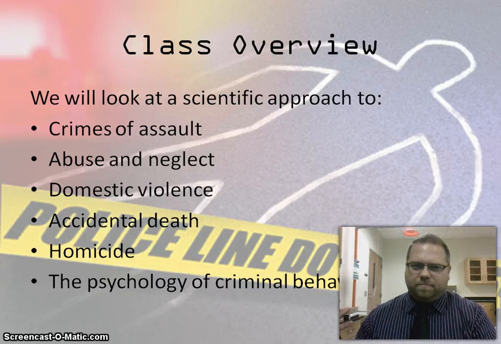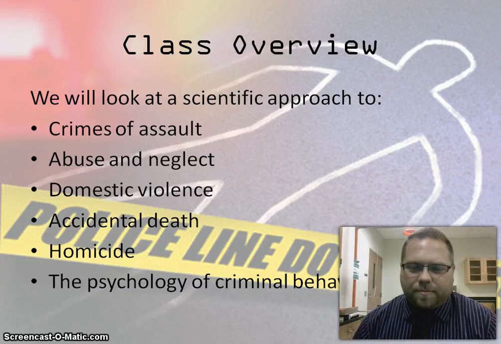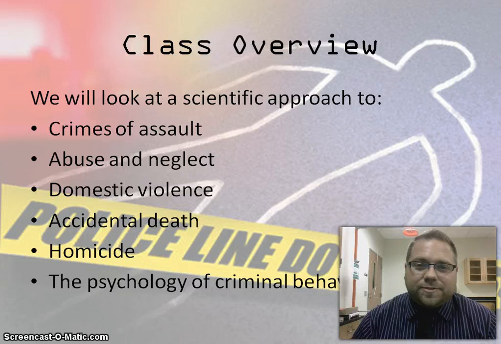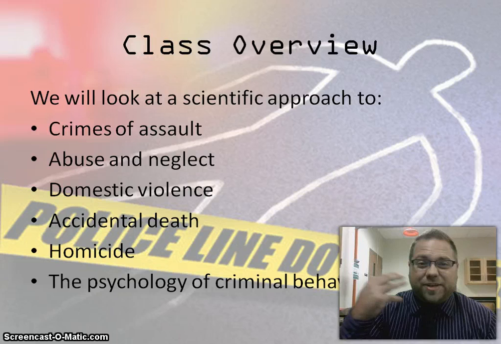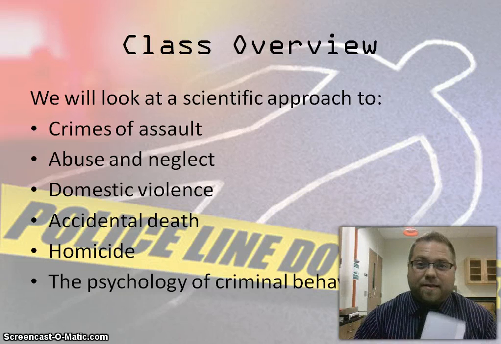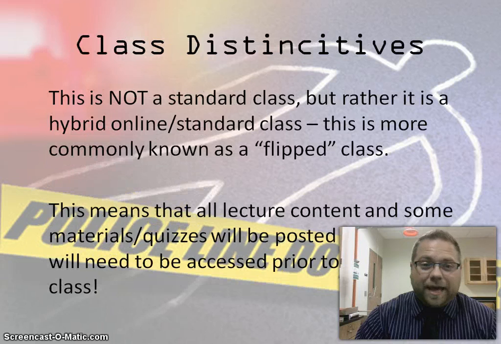It's always dark, don't know why, and then they go out and try to solve the crimes themselves. There's actually a whole wide range of careers of people who get to do this for a living. So we're going to jump into that and understand what all of these different professionals do, and how all of the pieces add up together. That's going to be our class overview of what we're going to be looking at.